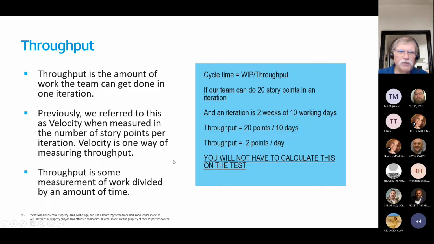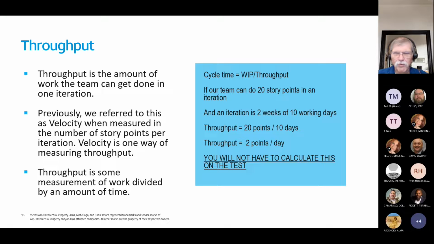So just realize that throughput is some measurement of work divided by an amount of time. Okay, so in this case, if we're talking velocity, 20 points in 10 days is the throughput for that. So 2 points a day. You're not going to have to calculate this on the test.